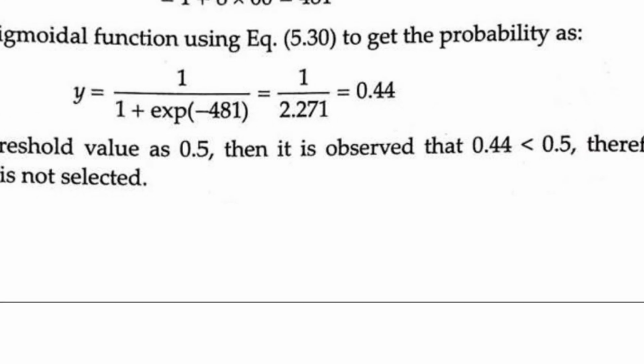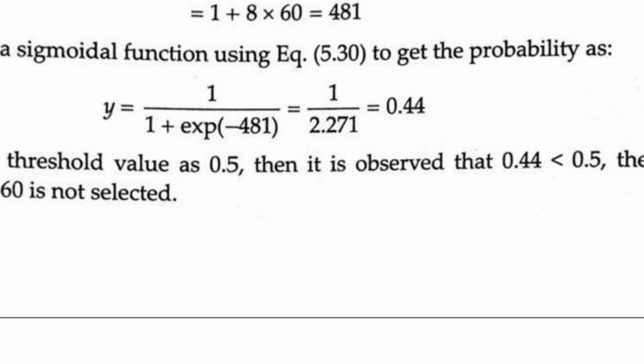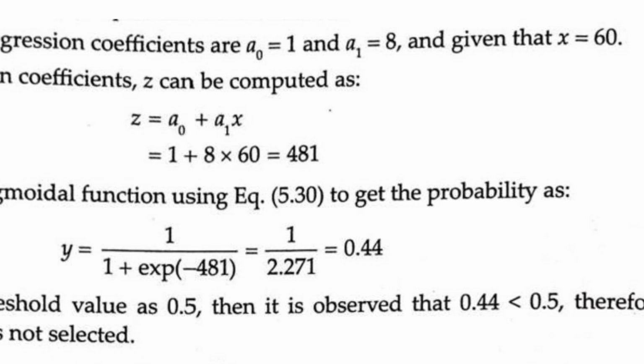This value is less than 0.5, so this is not selected, rejected. Less than 0.5 is said to be no, false. If more than or equal to 0.5, it is said to be true.